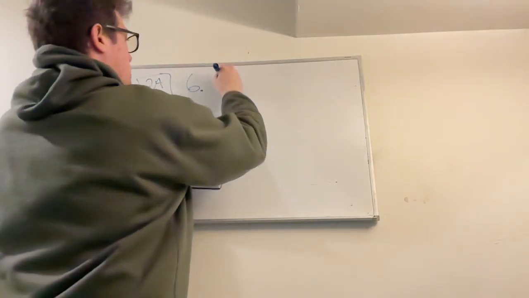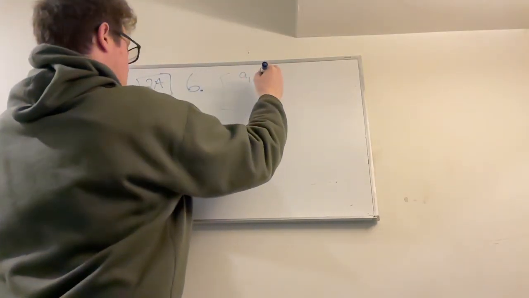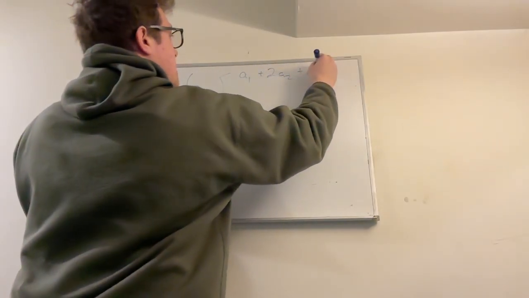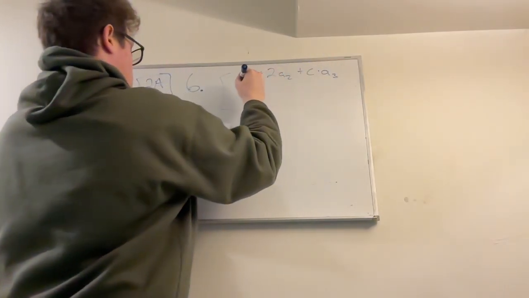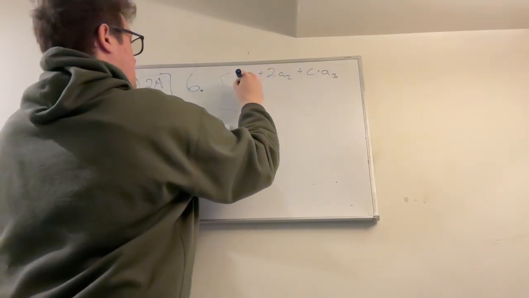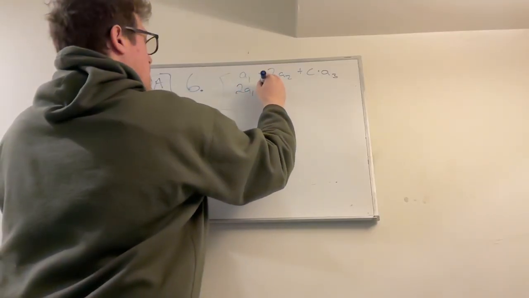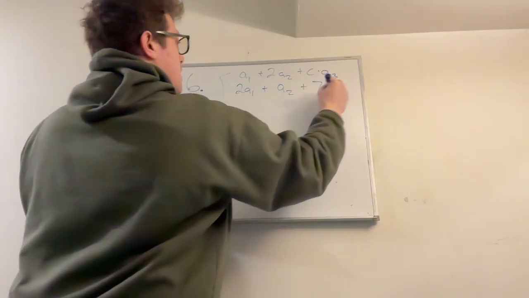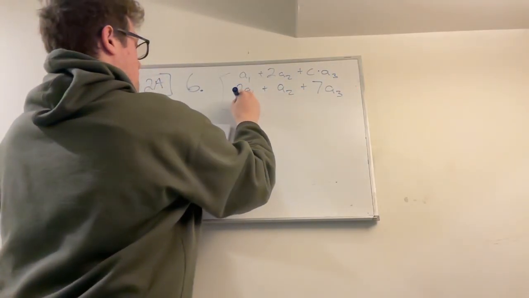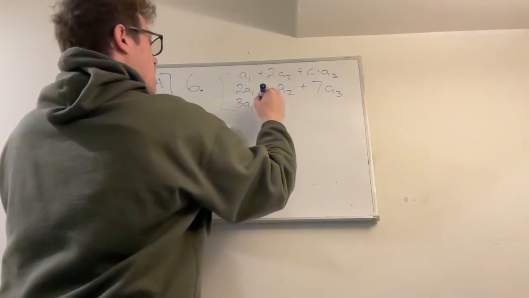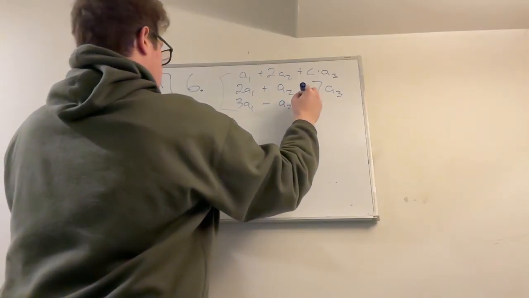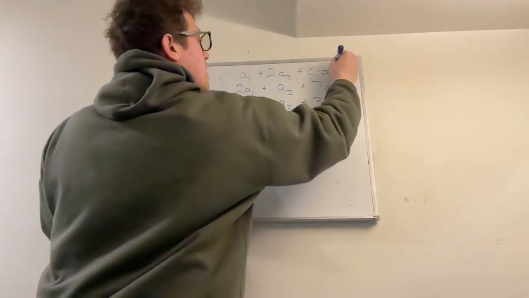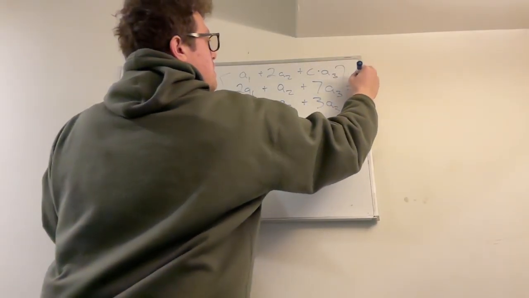So now we have the order A1 plus 2A2 plus C times A3, 2A1 plus A2 plus 7A3, and 3A1 minus A2 plus 3A3, and this whole thing is equal to the 0 vector.